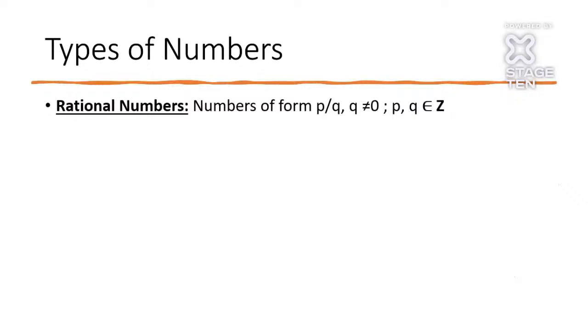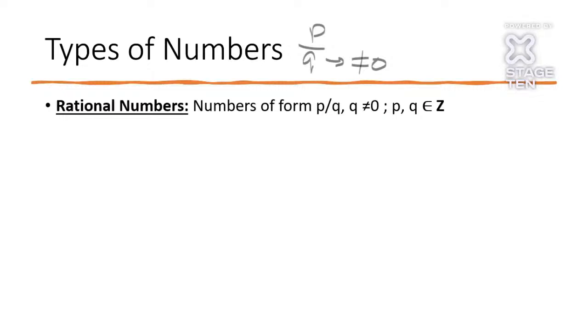Next types of numbers are rational numbers. Rational means the numbers which can be written in the form of p by q, in a fractional form. But there are two conditions. Condition number 1: q, this denominator, should not be equal to 0.